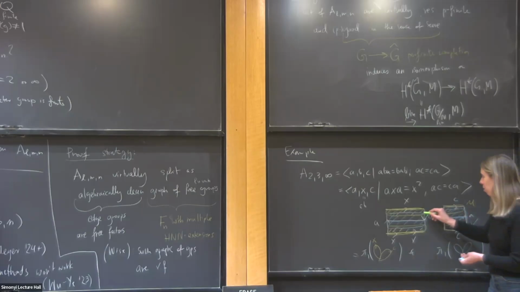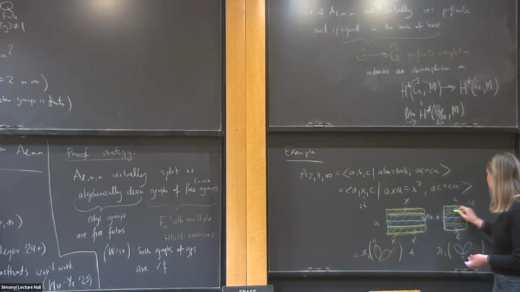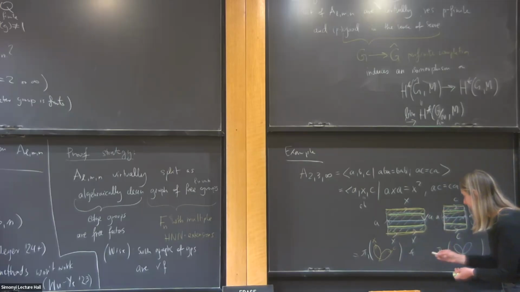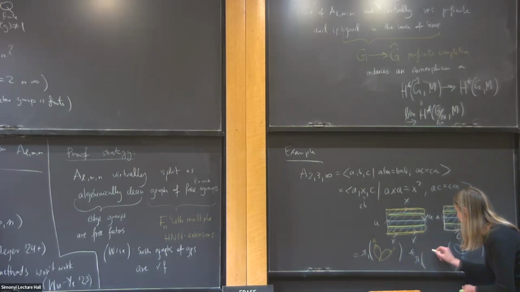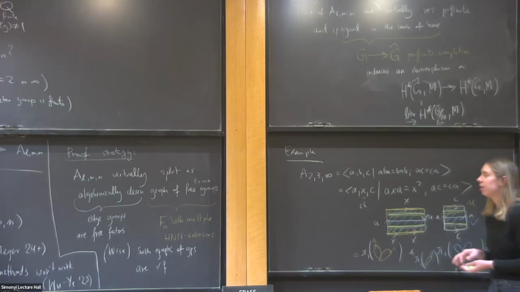And then there is also their intersection, which can be viewed as this green graph that goes at this level, like 1/4 and 3/4. And so this is amalgamated along a graph that looks like this. And so this naturally gives me a free product with amalgamation of two copies of F2 along F3.